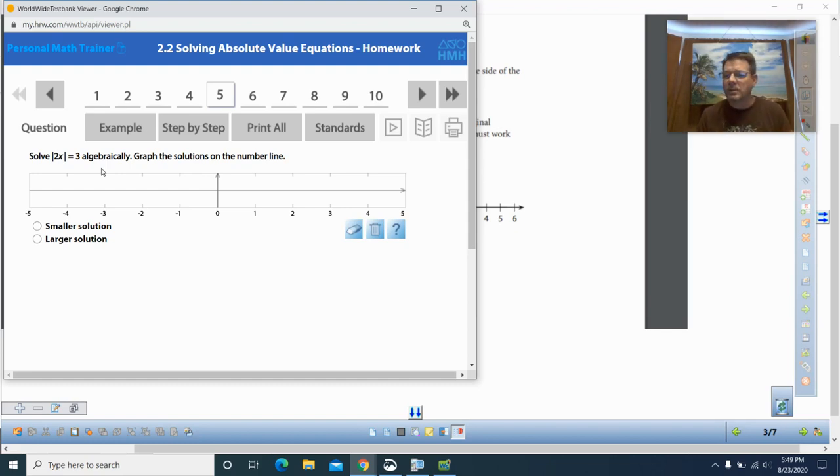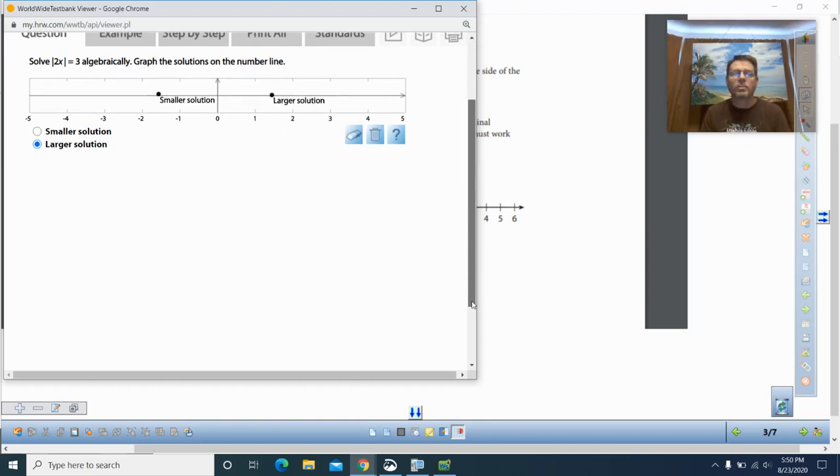I skipped a lot of stuff there, and you'll figure that out before that, but I just want to make sure you get what's going on. So the answer is negative 1.5, the smaller solution, and then the larger solution, and in this case it's 1.5 as well. That isn't always the case, guys, as the equations get a little bit more complex.